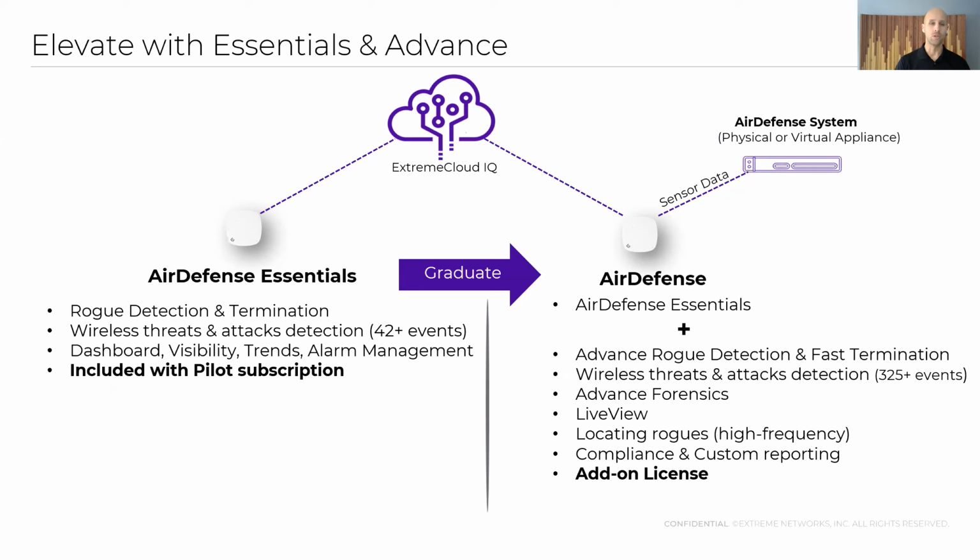So AirDefense Essentials is built into Cloud IQ. If you have a cloud subscription right now, you can go in there and just enable it. You have to do two minor steps beforehand, but I'll outline that in a second. And then as you start to gather all that information and analysis and the alarms and trends and just gather that visibility in general, this is where you can then graduate into the full AirDefense Enterprise, which is an extra add-on license, but it brings those extra 300 events and threats that you can detect on your network, advanced forensics, locating rogues with location services, compliance reporting, et cetera.